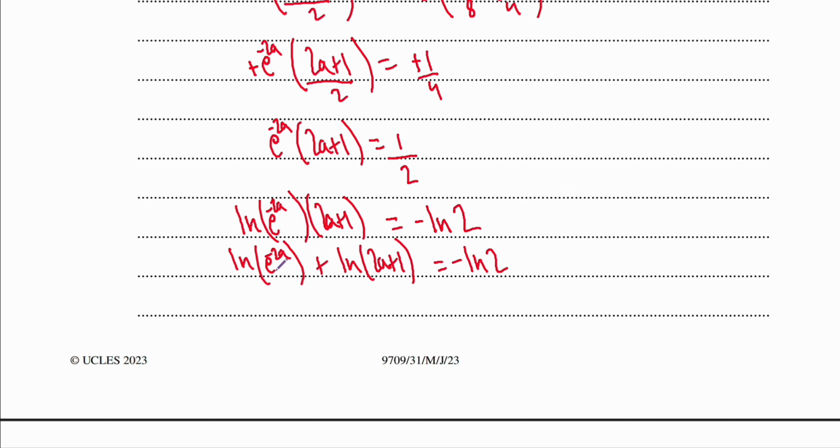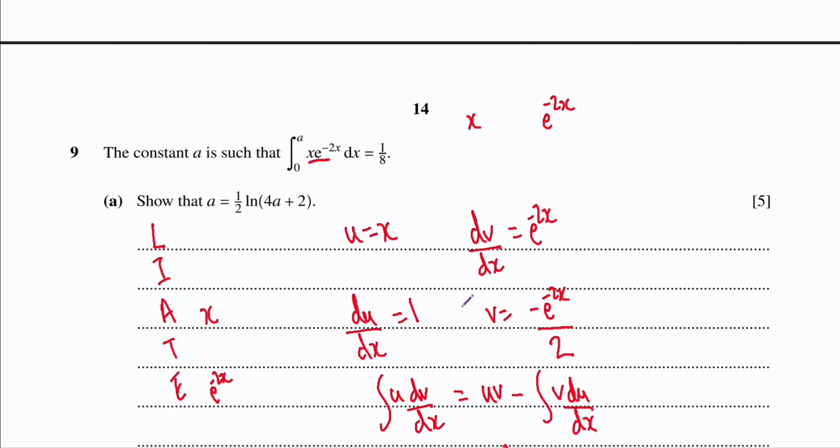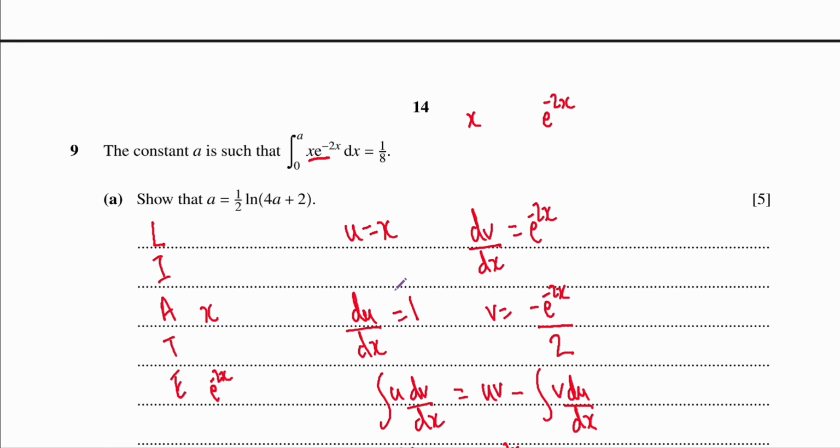Now what do we do? Well, ln e to the negative 2a, we can bring the negative 2a out front, and then ln of e is just 1, so we have negative 2a there, plus the natural log of 2a plus 1 is equal to negative ln 2. Now what do we need to do? We need to get to this form right here, a half ln 4a plus 2.